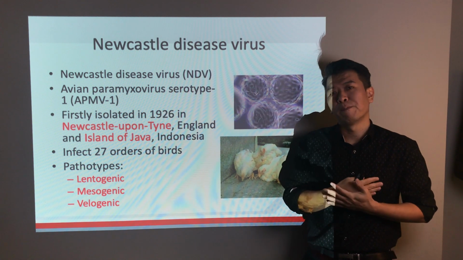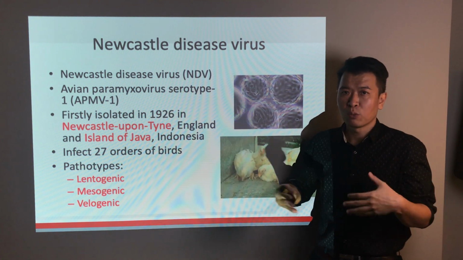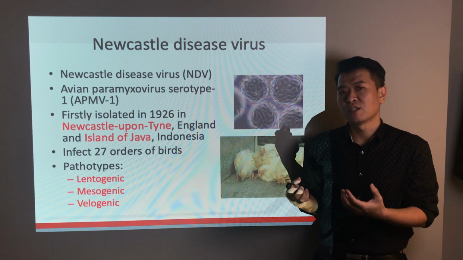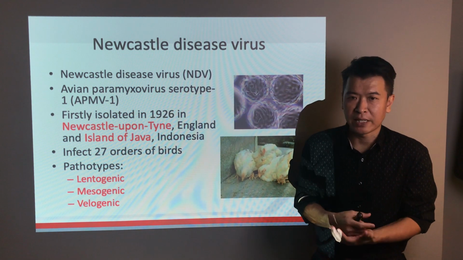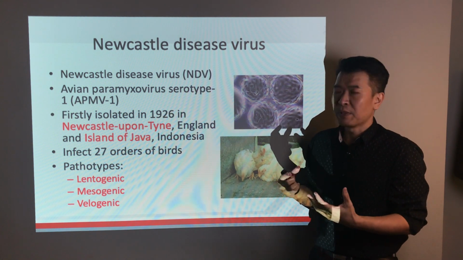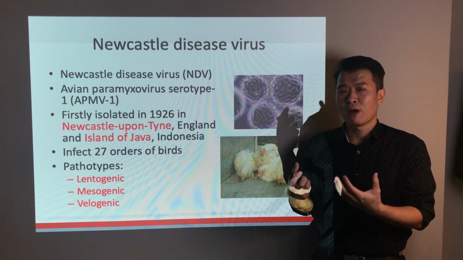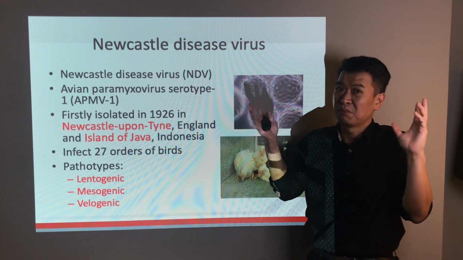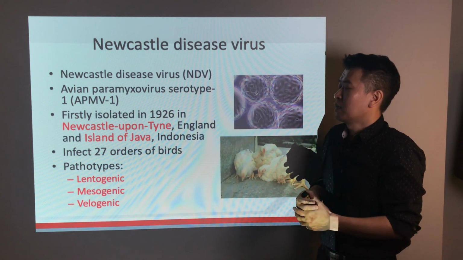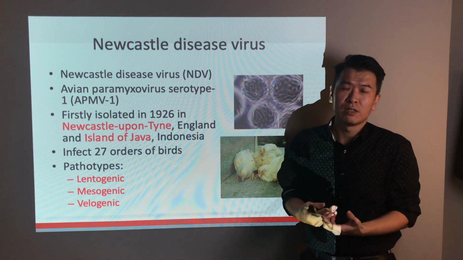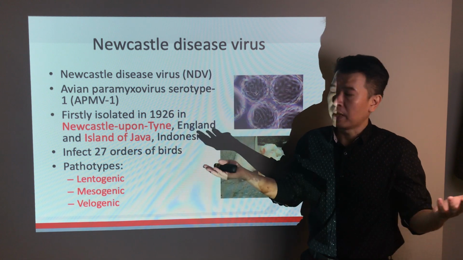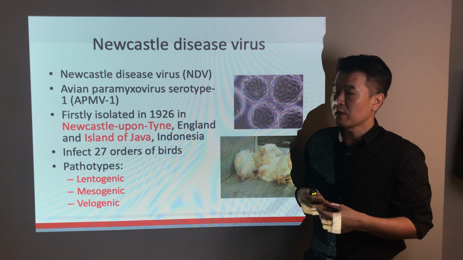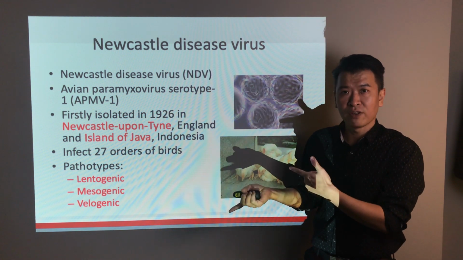However, science is evolving, so people are improving, and now we try not to label the virus according to the location where it's isolated. This is simply because we try not to create some unwanted cases, like for example the recent outbreak or pandemic worldwide, which is the coronavirus.